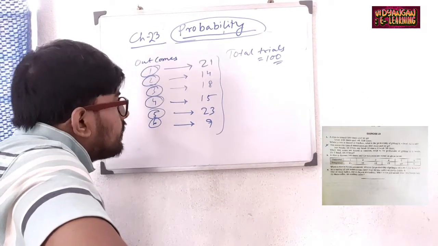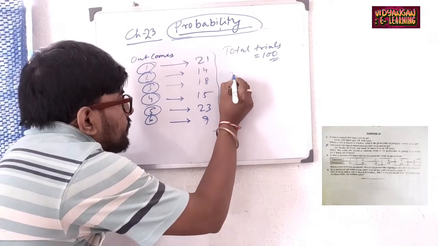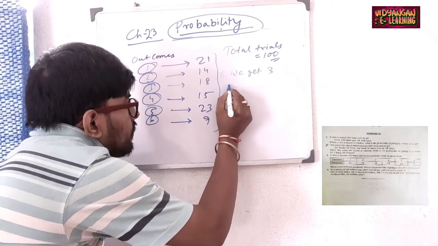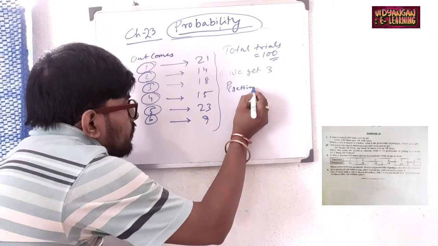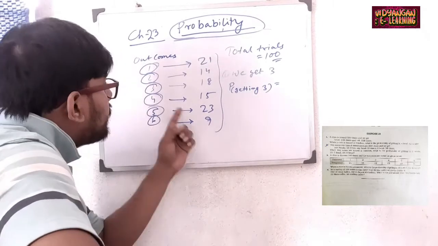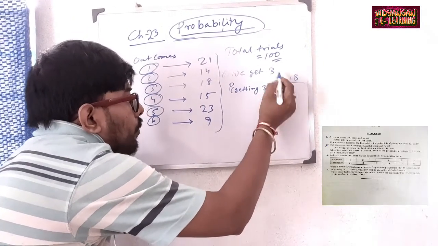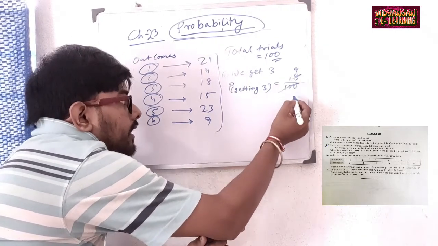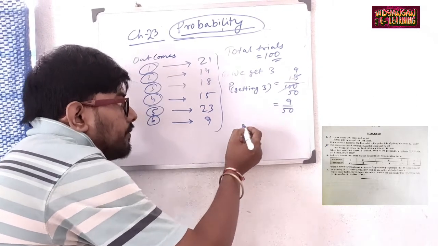The probability of getting 3 is equal to, how many times do you get 3? 18 times out of 100. Simplify, 9 twos are 18, 50 twos are 100, so 9 by 50.